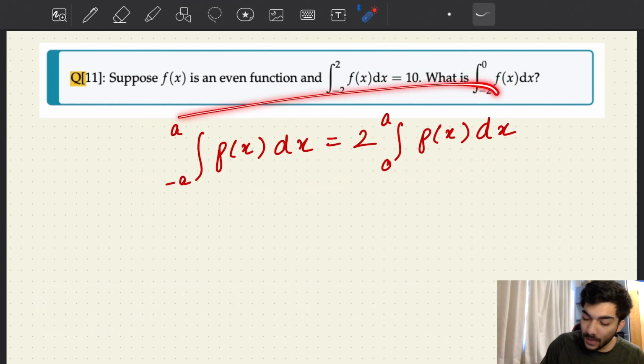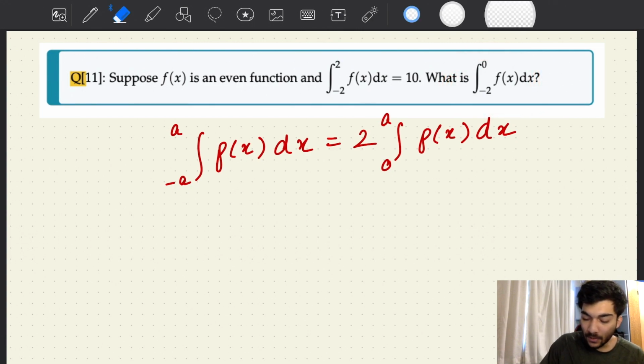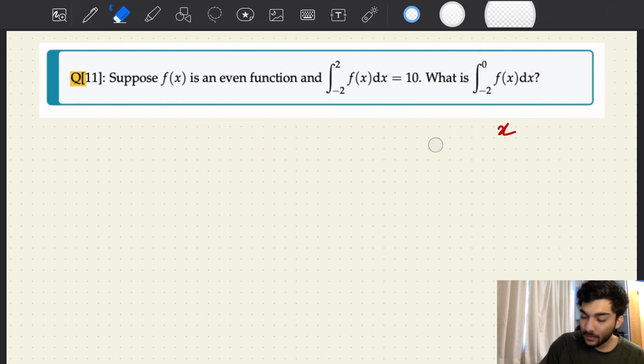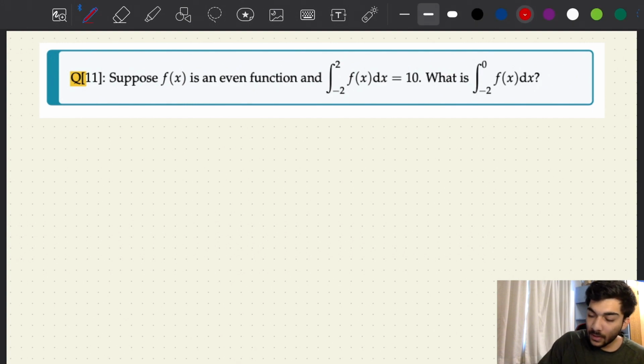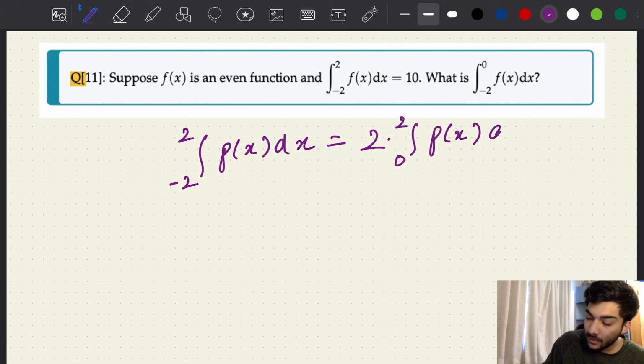Now, since f(x) is an even function, we can clearly use this property to calculate this integral. So let's start solving this question. I can write that the definite integral from -2 to 2 of f(x) dx, since f(x) is an even function, is twice the definite integral from 0 to 2 of f(x) dx.